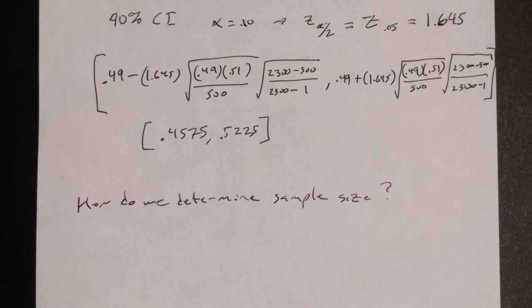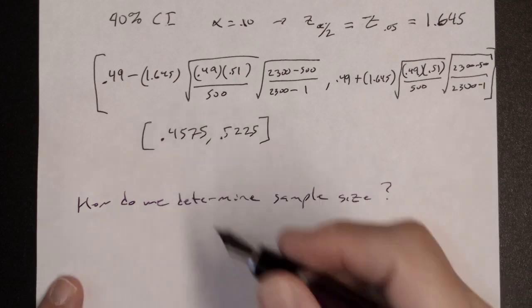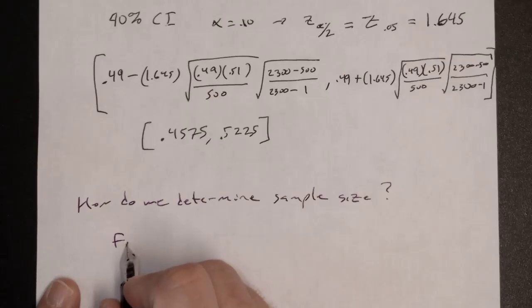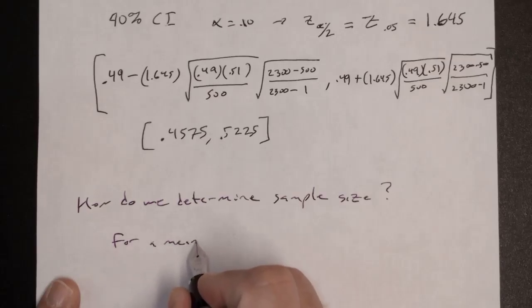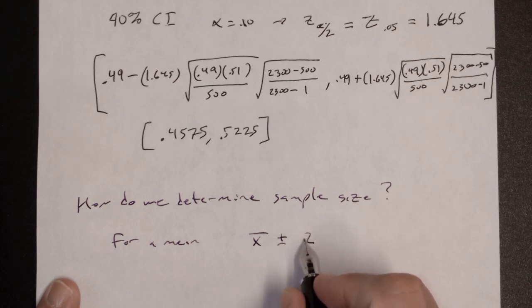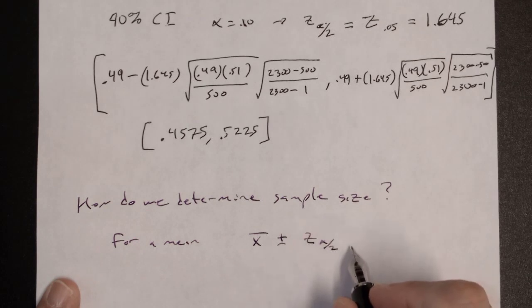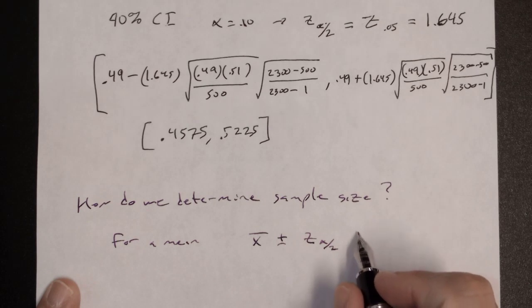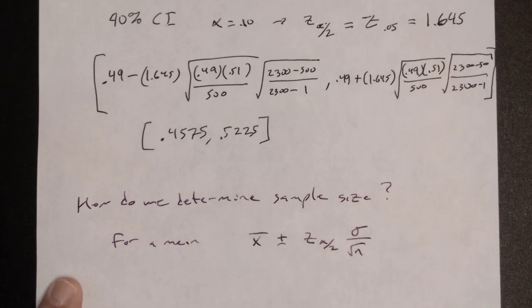Okay, hang on a second. Our formula is for a mean. If I assume we have an infinite population, I do this.